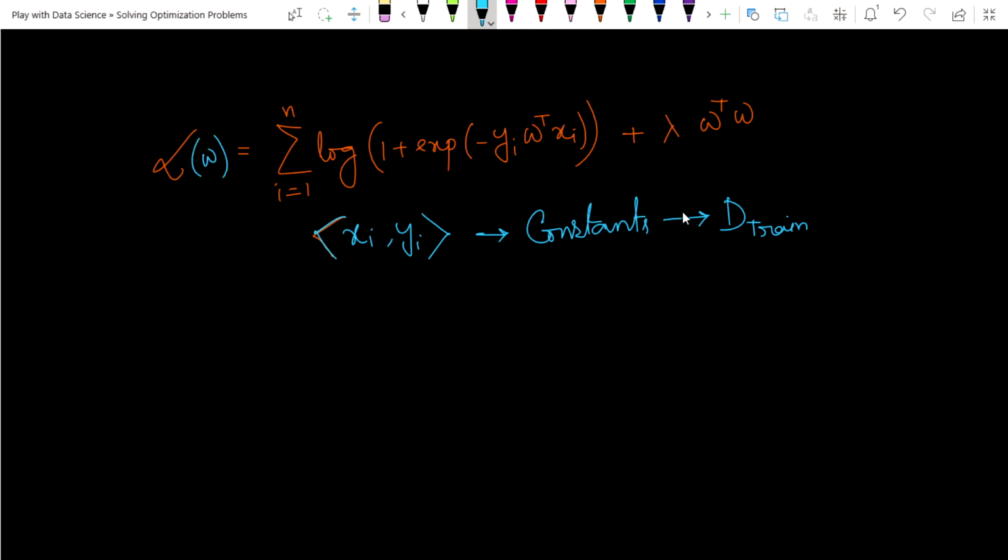So this is the logistic loss function with an L2 regularizer, and the unknown is w. Here w is not a scalar, it is a vector. If we have d features, then w comes from d-dimensional space.